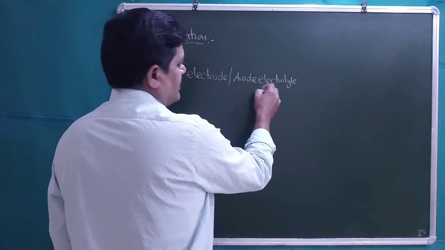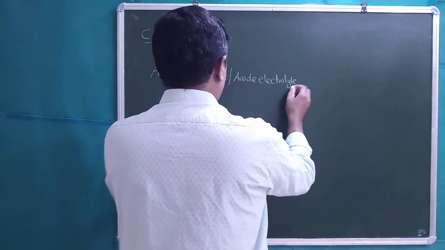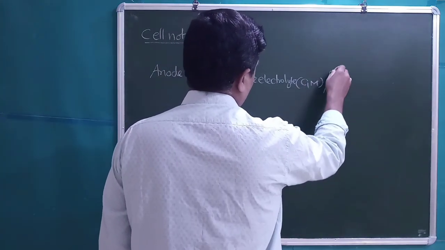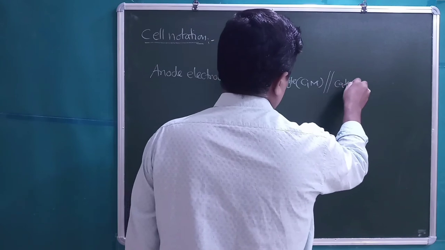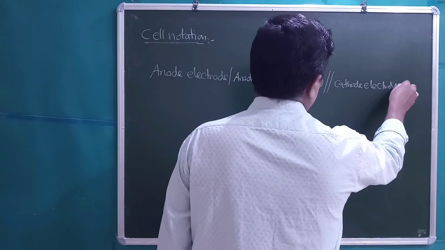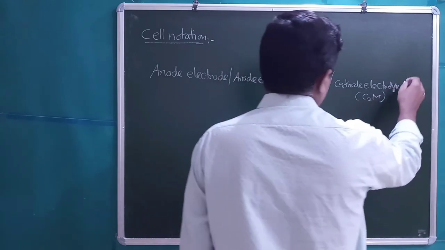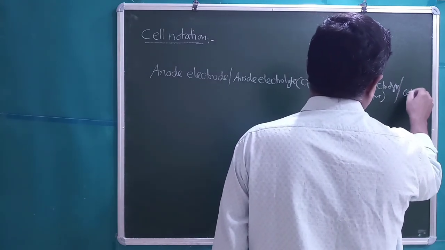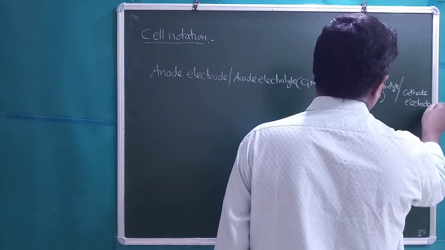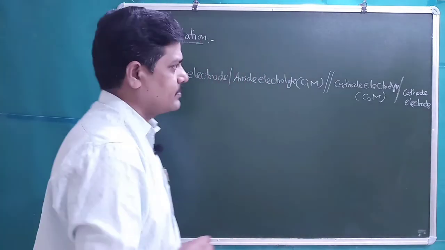If it is molten, we can write it simply as molten. If it is aqueous, then the concentration is also written, C1 molar, / cathode electrolyte, its concentration C2 molar, / cathode electrode. This is a general representation of the galvanic cell, electrochemical cell, or voltaic cell.